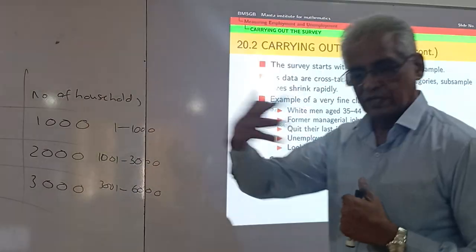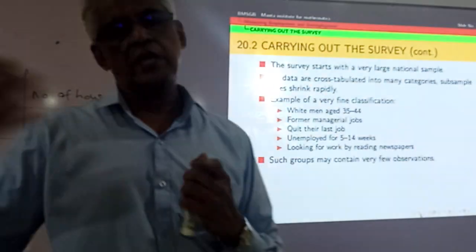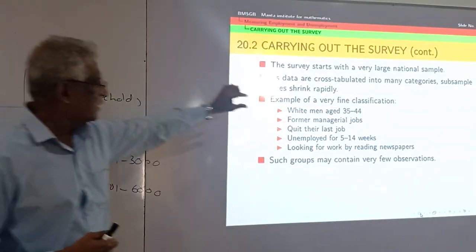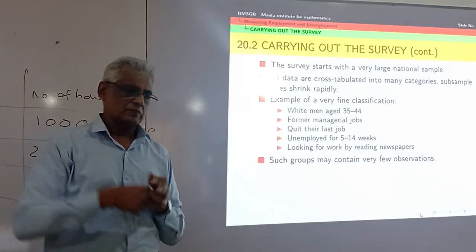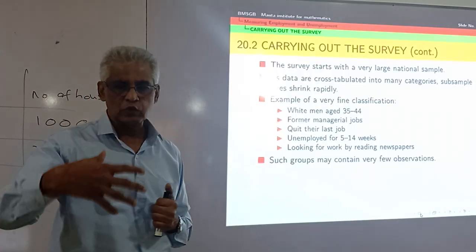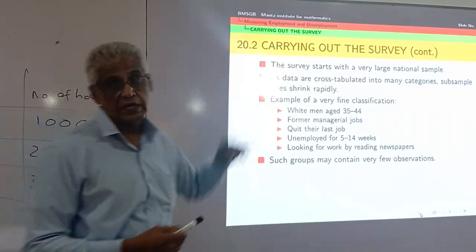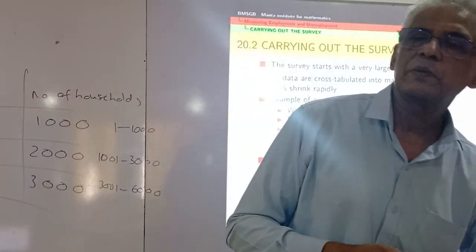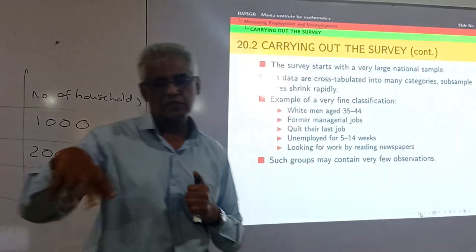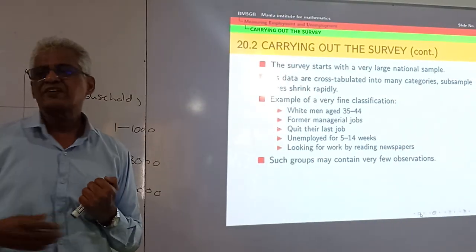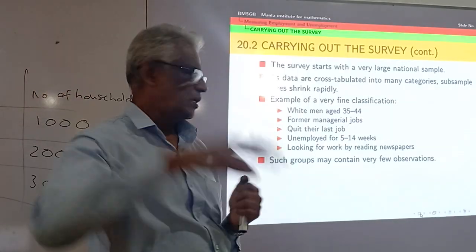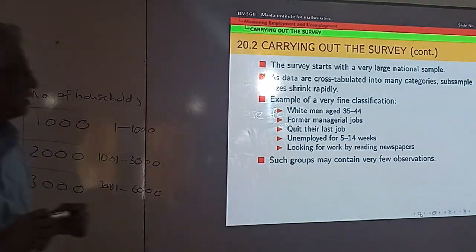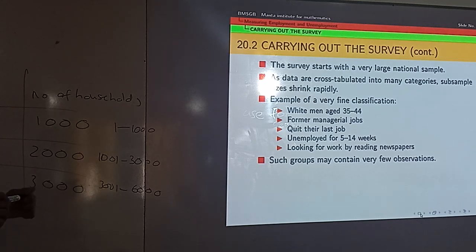Again, it is a ratio: the number of unemployed people in that group divided by the total number of people in that group. If the total number of people in that group in the sample is small, that ratio is not going to be very reliable. So they publish them, but sometimes they are not going to be very reliable.